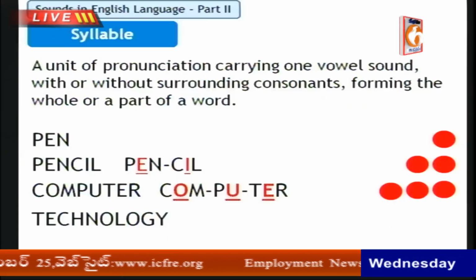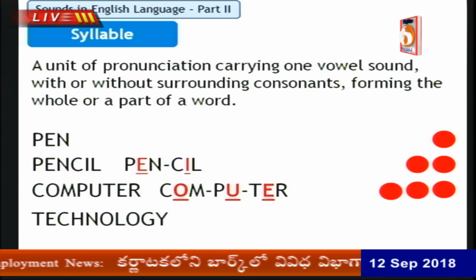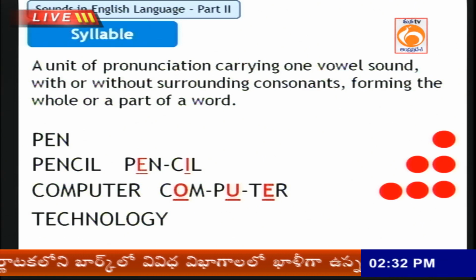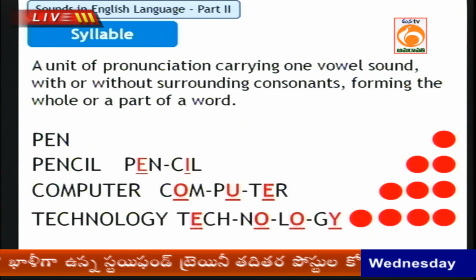Let's take this example so that we understand it better. We have pen, that means it has 1 beat. Pencil, we have 2. Then we have computer, 3. Then we have technology. How many? Technology. That means 4.